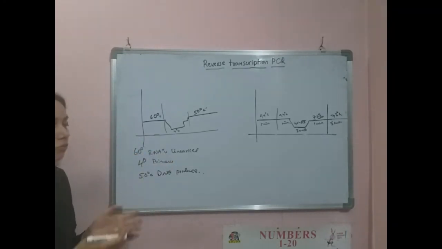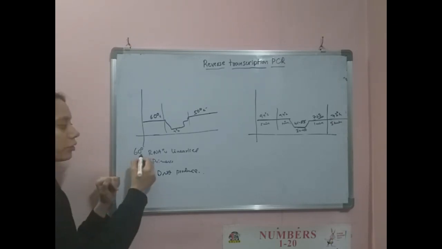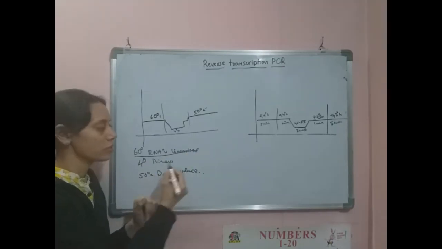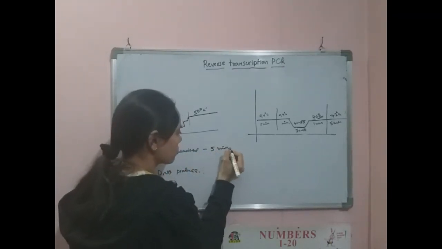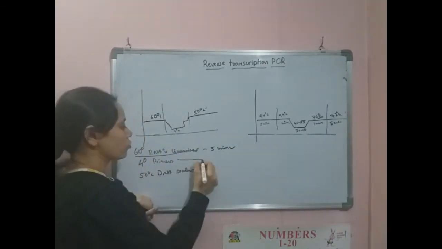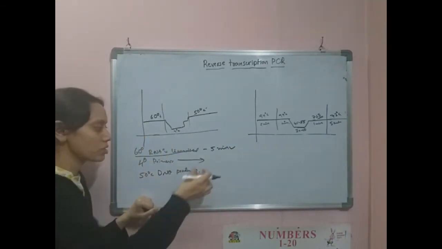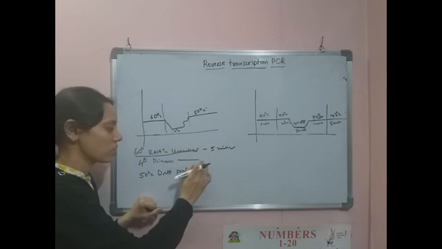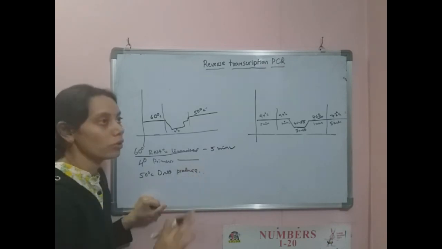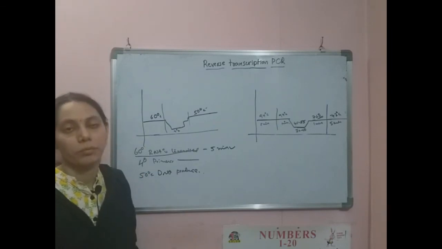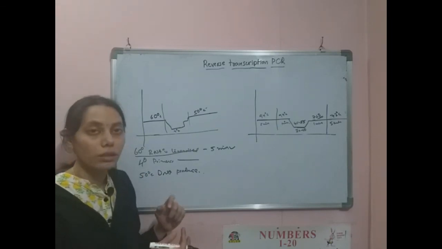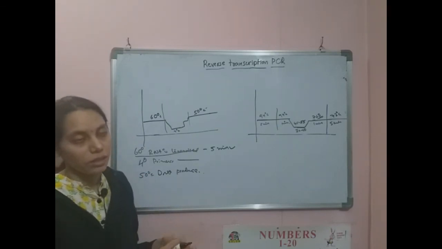How much time is taken for each step? Generally, removing the secondary structures needs more or less 5 minutes. All these processes can be optimized to be applicable for our experimental purposes and adopted to our laboratory.